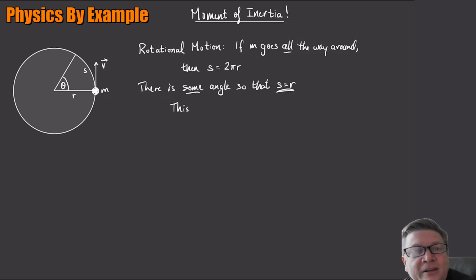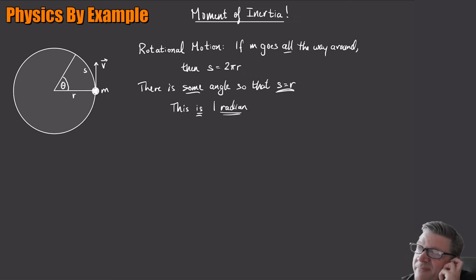It's some fundamental quantity. That's a special angle where the arc length cut off by the angle is just equal to r. This is 1 radian. That's what we're going to define as 1 radian, where s equals r. Well, we can figure out what that angle is. Let's write it in terms of degrees, because you're maybe more familiar with that.